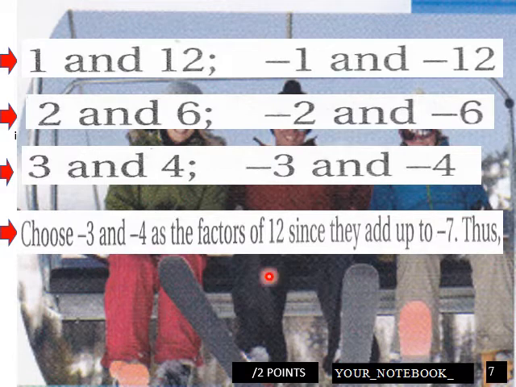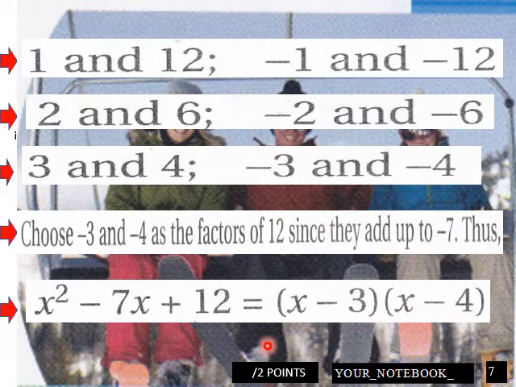So here are the different factors, and which ones add up to -7? It would obviously be these two here. So x minus 3, x minus 4. That's the rationale that you use to factor a trinomial like this. -3 times -4 equals positive 12.